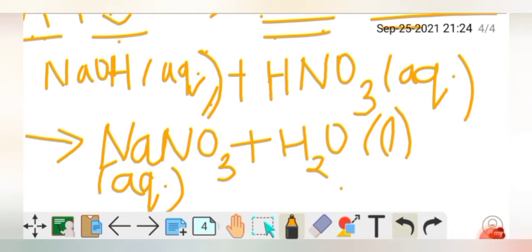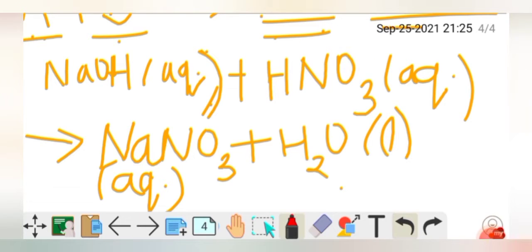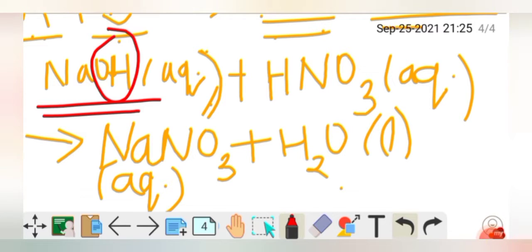So according to the definition, the reaction in which an acid reacts with a base gives salt and water. NaOH is a base. How to find whether it is a base or acid? Because OH is added here at the end, so it is a base, and this HNO3, nitric acid, is an acid.